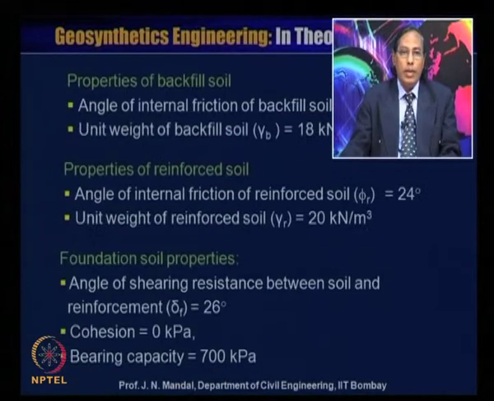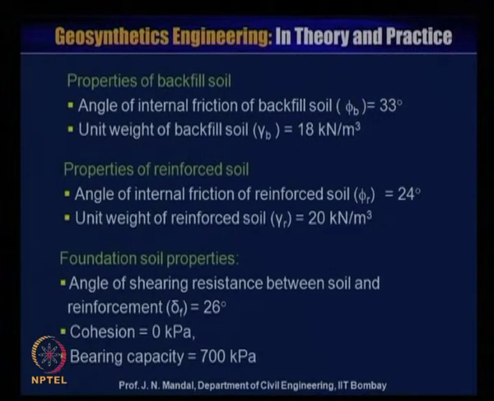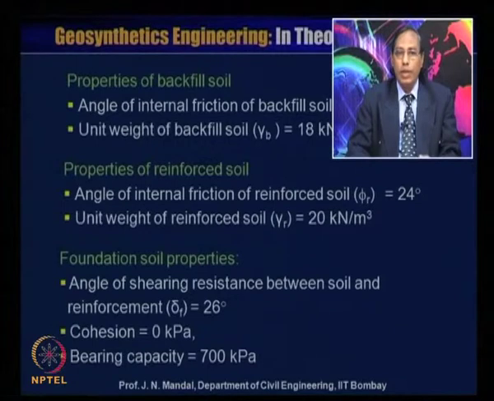So, these are some of the parameters given. Apart from that, properties of the backfill soil are given, that is angle of internal friction of the backfill soil phi b is 33 degree. Unit weight of the backfill soil gamma b is equal to 18 kilonewton per meter cube, and properties of the reinforced soil, angle of internal friction of reinforced soil phi r is equal to 24 degree.